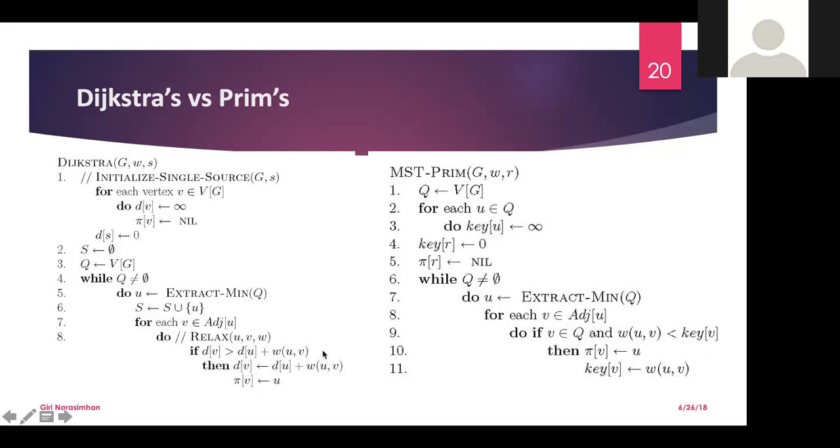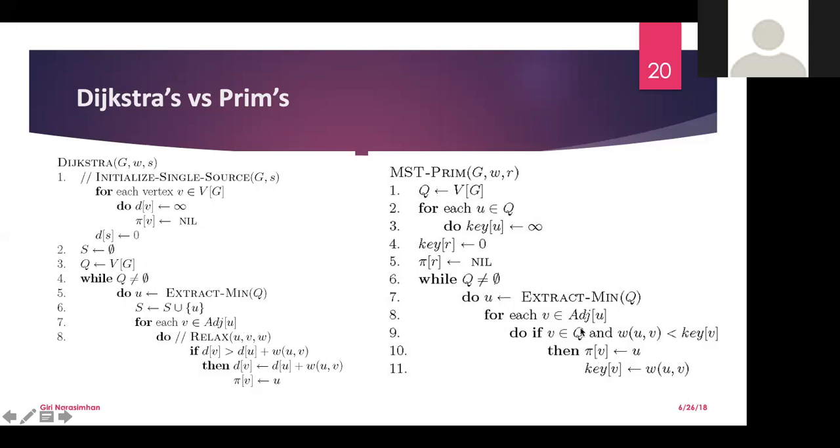In Dijkstra's algorithm, you process the distance values. In Prim's algorithm, you simply decide which vertex the new vertex is going to be connected to, and that's what happens over here.